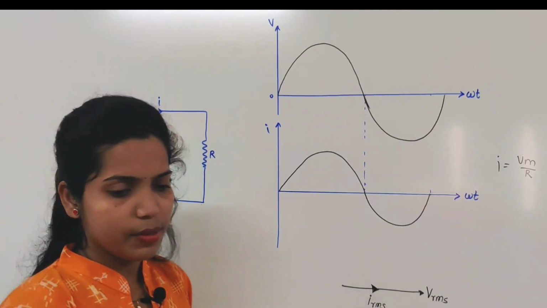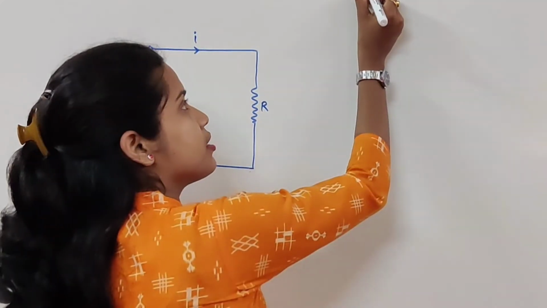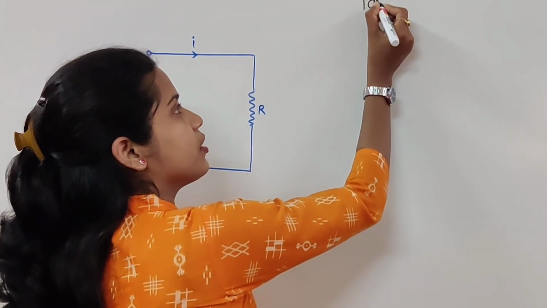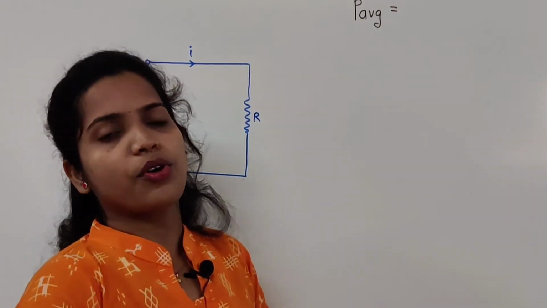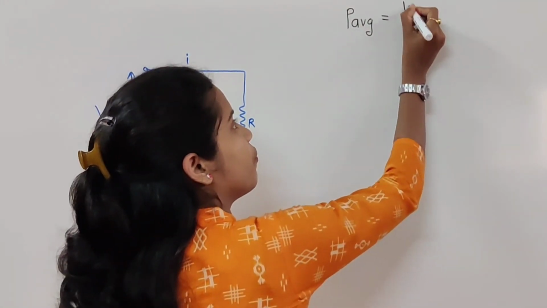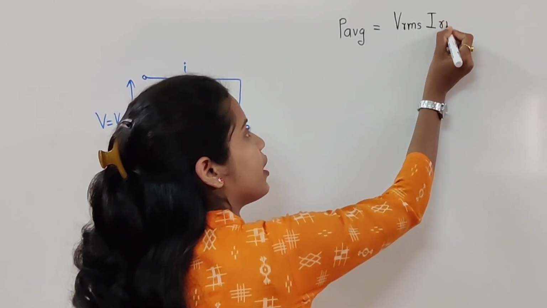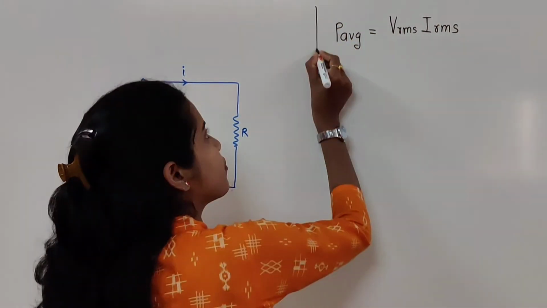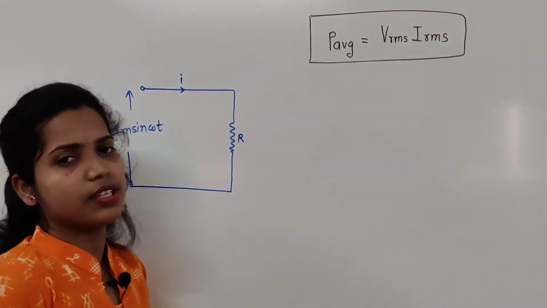Next point is average power in a resistive circuit. For a resistive circuit, P average is equal to, power means product of voltage and current, so P average is equal to Vrms into Irms. This is the formula for power in a resistive circuit.